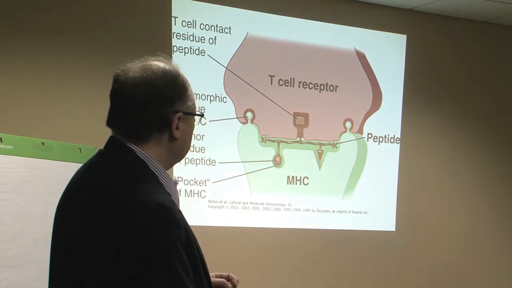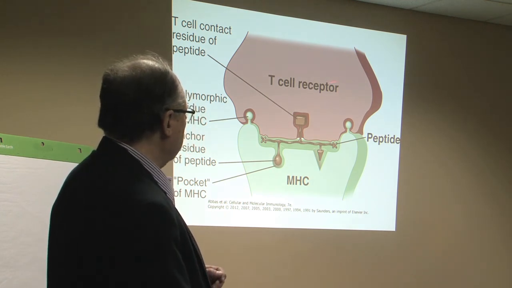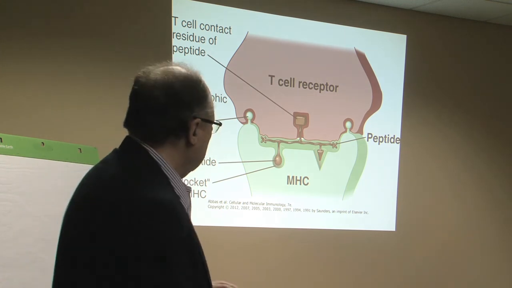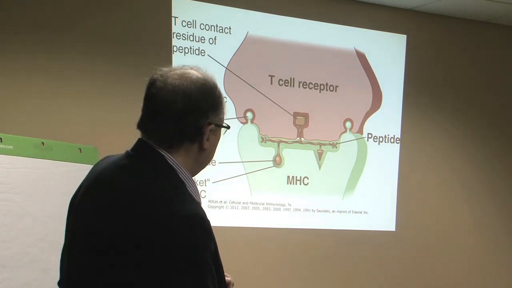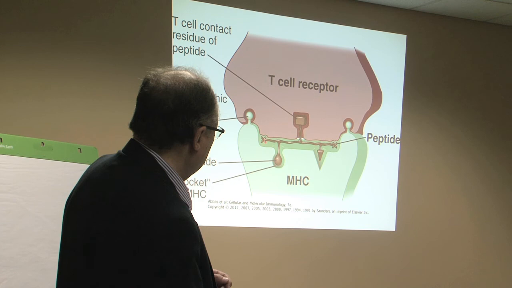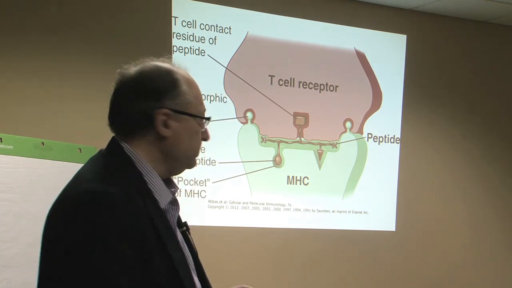It's a molecule that's on the surface of a dendritic cell. And in the case of a T cell, there's part of the T cell called the receptor. What happens is that the foreign peptide, which is part of a protein, is processed by the dendritic cell down here, put in these little clefts over here so that it has a molecular fit.